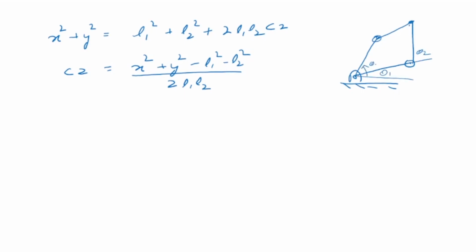This is theta 1 dashed, and this one is minus theta 2. Why? Because cos of minus theta is equal to cos of plus theta. So cos of theta 2 is equal to cos of minus theta 2, and the software or the program will not be able to distinguish between these two angles. So it should not happen that you take theta 1 as one solution and minus theta 2 as the other solution.